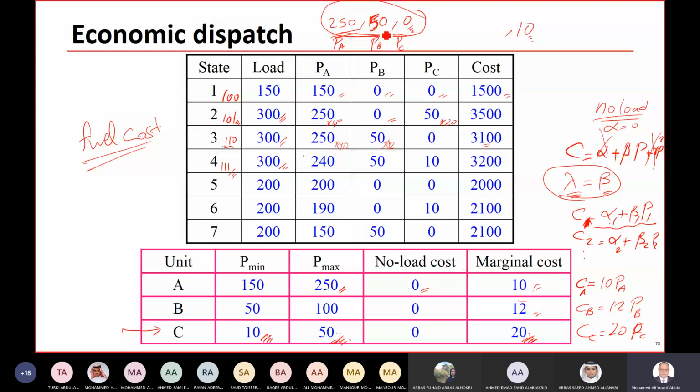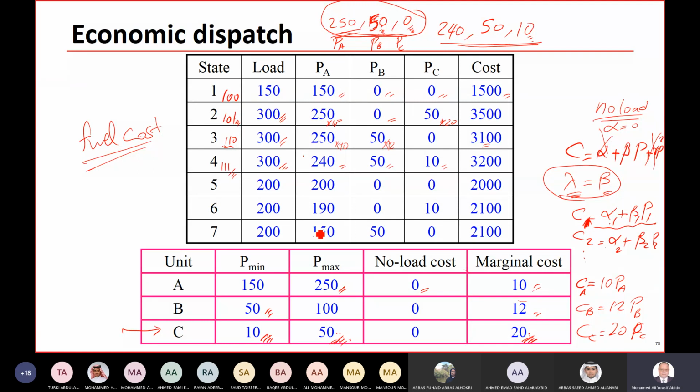Again, if you take 10 from here, the logic says okay, we will keep this at the minimum 10, and we will take 10 from here. But if you take 10 from here, this also will violate the limit. You cannot take any power from here. So this would be 50. So again, you will have here 240. You will take it from machine number A. So this is the distribution of the power according to this state. So you have here 240, you have 50, and you have 10.